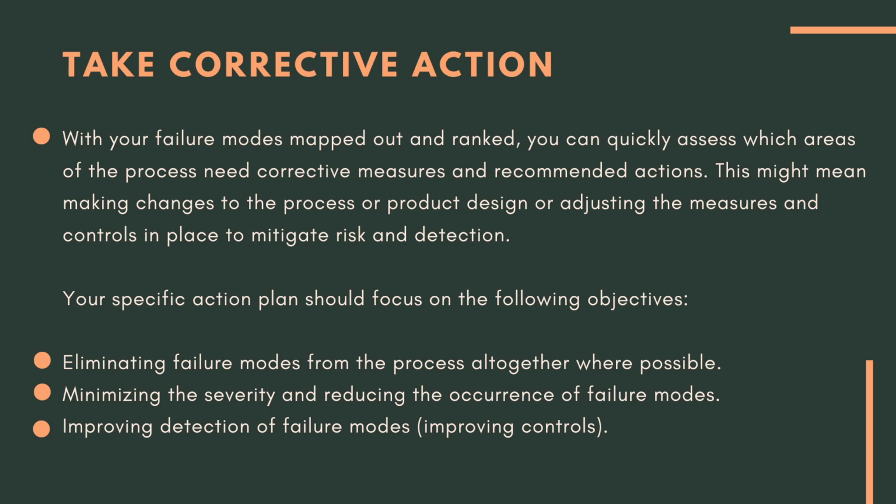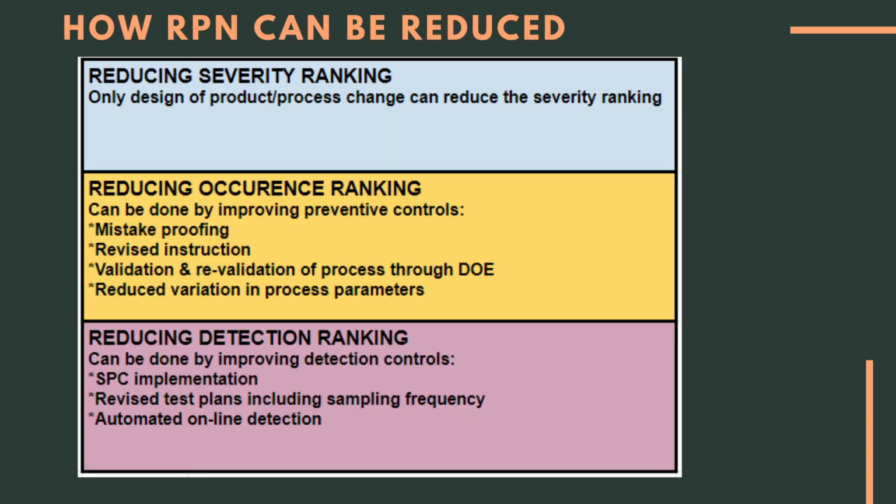How can the risk priority number be reduced? For reducing severity ranking, only a design change of the product or process can reduce the severity ranking. Regarding the occurrence ranking, it can be reduced by improving preventive controls like mistake proofing, revised instructions, validation and revalidation of the process through DOE, and also reduced variation in process parameters.